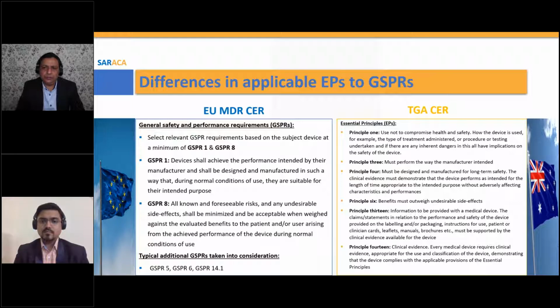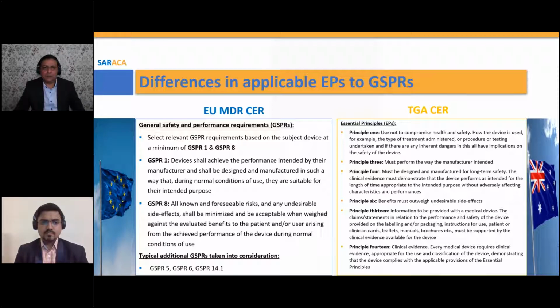On the EU MDR side, you select relevant GSPR requirements based on the subject device. At a minimum, you select GSPR 1 and GSPR 8. GSPR 1: devices shall achieve the performance intended by the manufacturer and should be designed and manufactured in such a way that under normal conditions of use, they are suitable for their intended purpose.